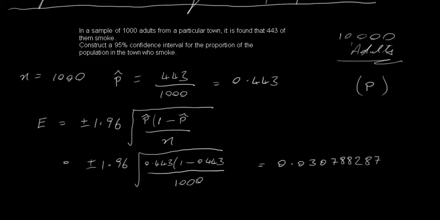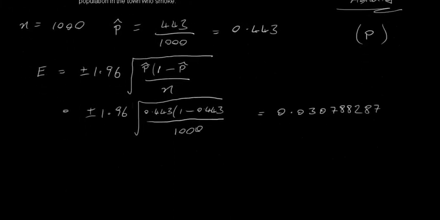Now we don't really need this many decimal places in this case. Our sample proportion was to 3 decimal places, so maybe I'll just use 3 here. So let's calculate our confidence interval.